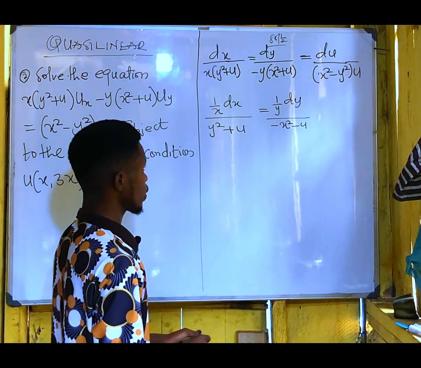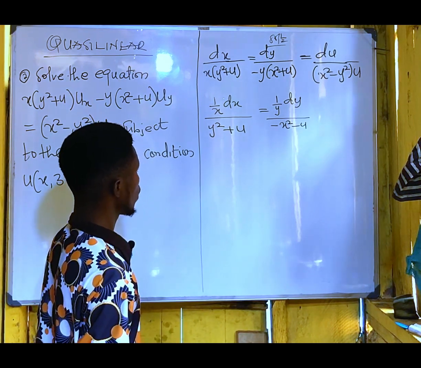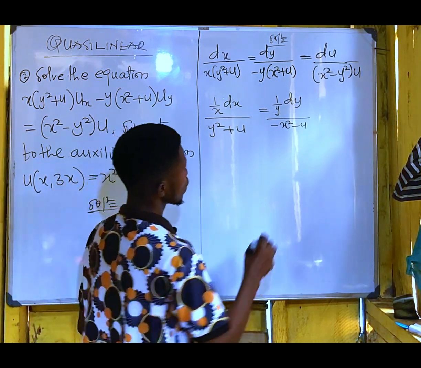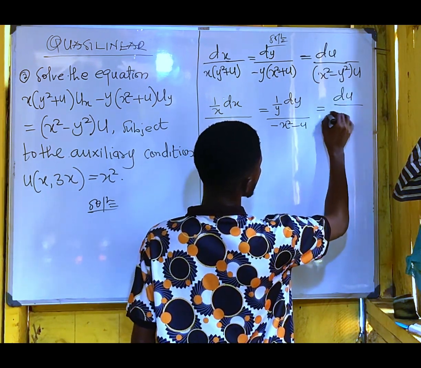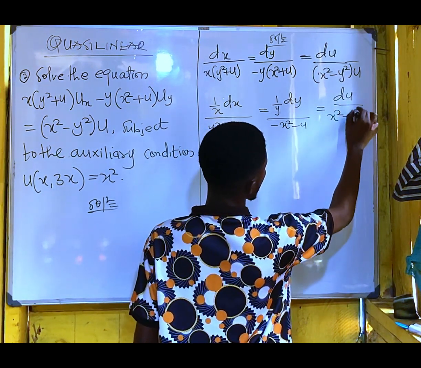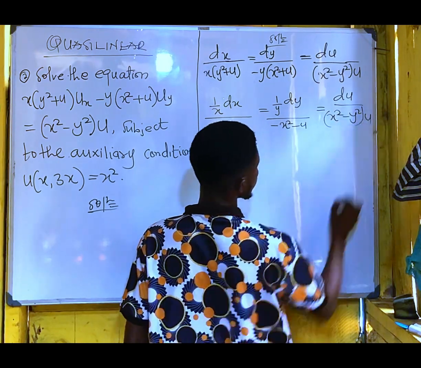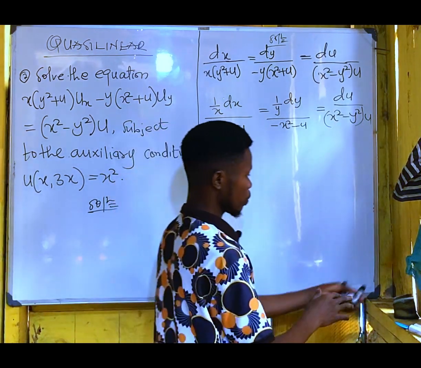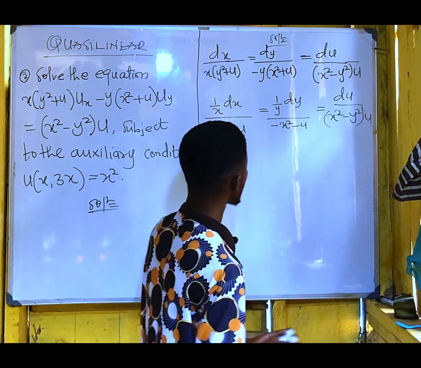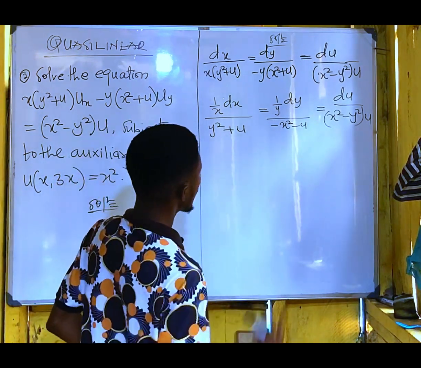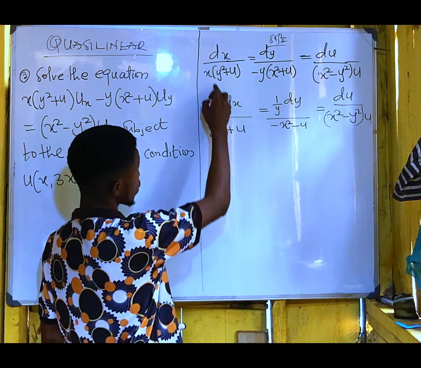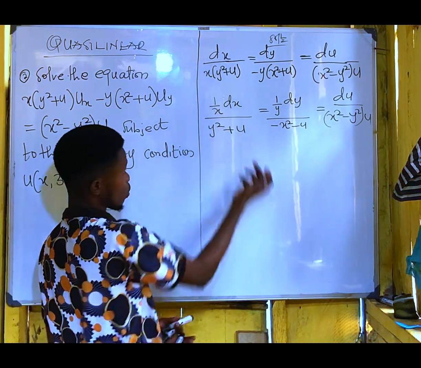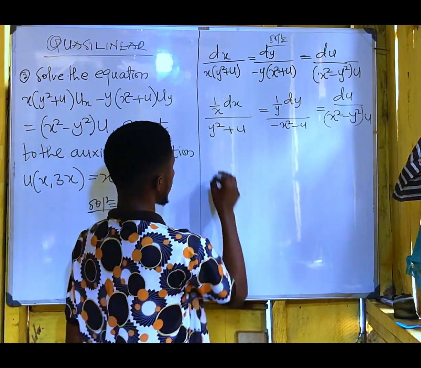You know that you can do that. Yes, you can add them like that, and this is equal to du over (x squared minus y squared)u. I hope what I've done you understand. 1 over x is the same as writing 1 over x, that's why I've just brought it out. Now let's add them and see.